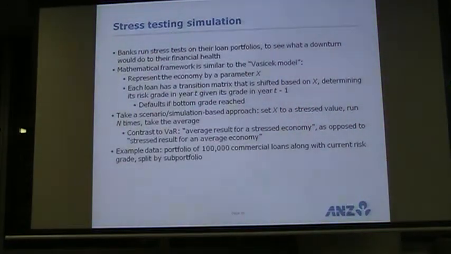For example, I might apply this to a portfolio of 100,000 commercial loans, with the current risk rate as an input, split by sub-portfolio, simulated over 3 years or thereabouts. The application has its front end in Excel because everyone in the business world lives in Excel. I'm going to call SAS to set up the data sets, and SAS is going to call R to do the actual computations.